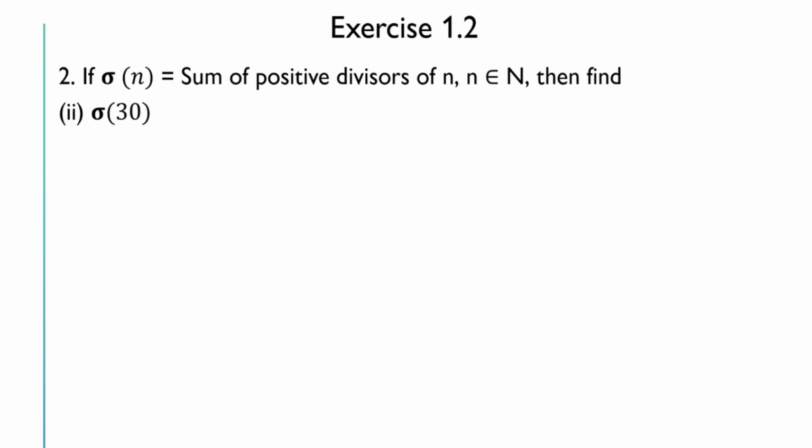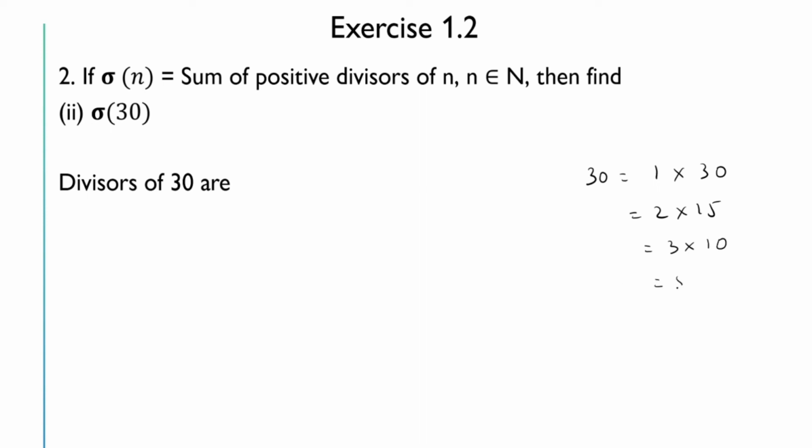Next one is sigma of 30. That is the sum of positive divisors of 30. So first we will see the divisors of 30. 30, we can write as 1 into 30, 2 into 15, 3 into 10 and 5 into 6.